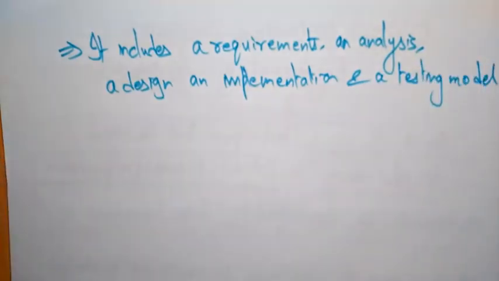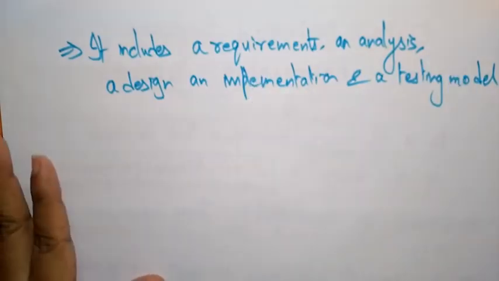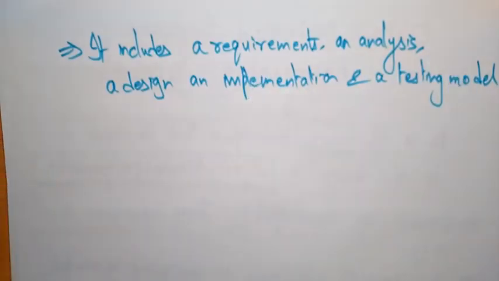So if you want to develop any program using object oriented software engineering, it includes requirements analysis, design and implementation, and a testing model will be required.